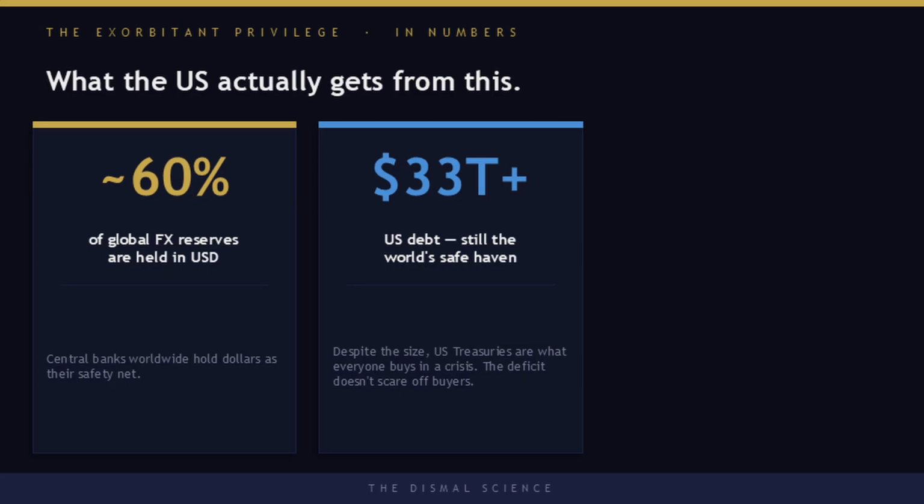US government debt currently stands at around $33 trillion. By most conventional metrics, that should make investors nervous. It doesn't. In a crisis, demand for US Treasuries typically increases. The size of the debt appears to be largely irrelevant to buyers, because the dollar's role in global trade means there will always be someone who needs to hold it.